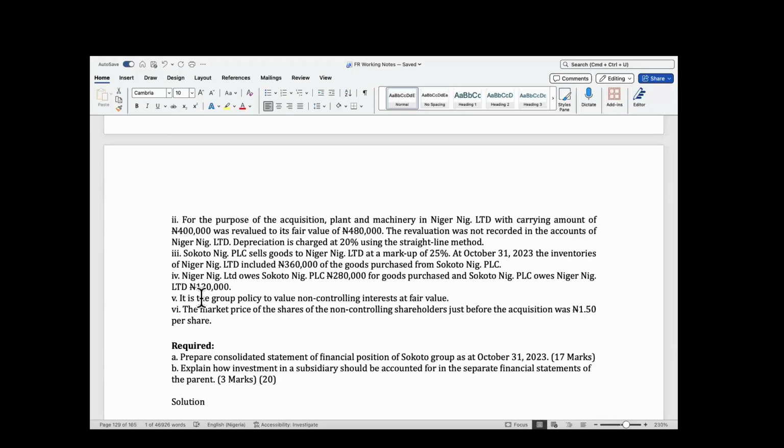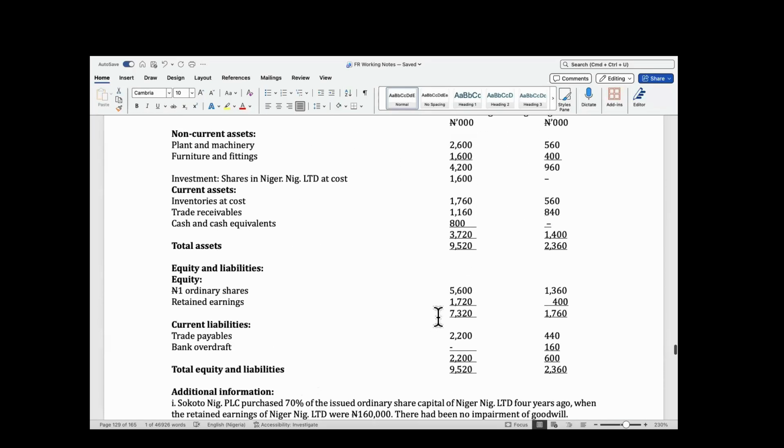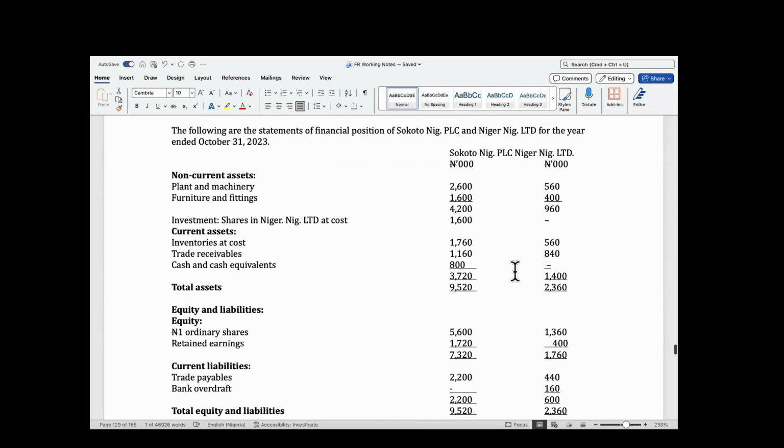And that's all really. So the group's policy is to value NCI at fair value. The market price of the shares of NCI shareholders just before the acquisition was 1.5. And you know that when NCI is measured at fair value, you need to get the number of shares that the NCI owns. You then multiply that by the share price. Okay? And in this case, how many shares does the NCI own in Niger?